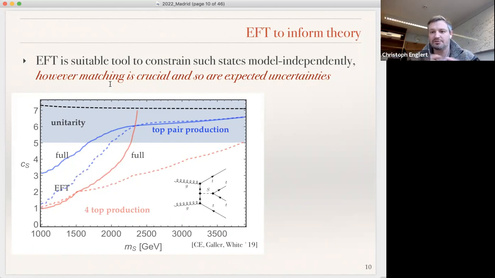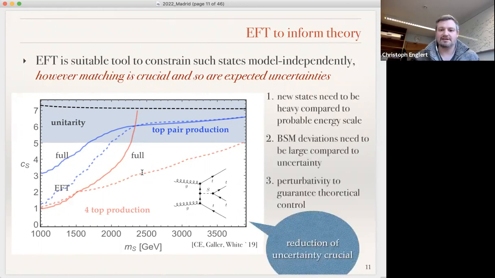So if you were able to improve the sensitivity with which you can measure these, then actually what would happen is that both these curves come down, you would be able to move them into a regime where you can actually perturbatively match effective field theory measurements and concrete ultraviolet scenarios. So in this context, there are three things that we need to keep in our minds.